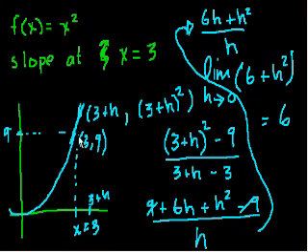So we now know that the slope of this curve at the point x equals 3 is 6. If you did a traditional rise over run, this change in y over change in x is 6. So we have the instantaneous slope at exactly the point x equals 3.